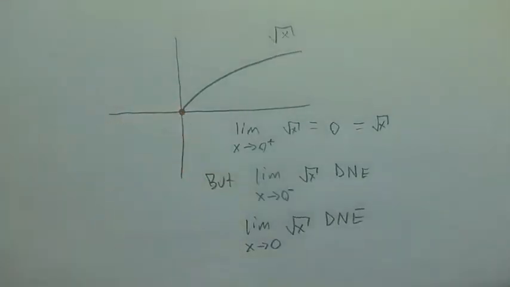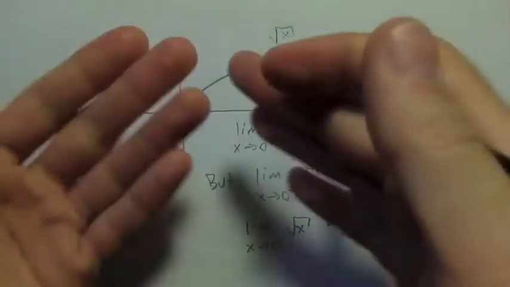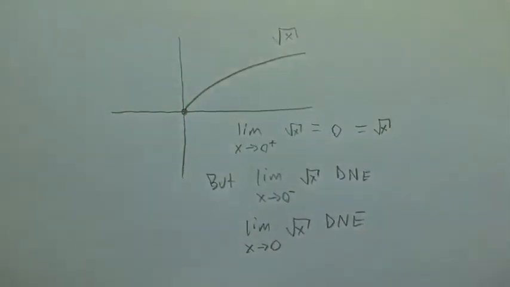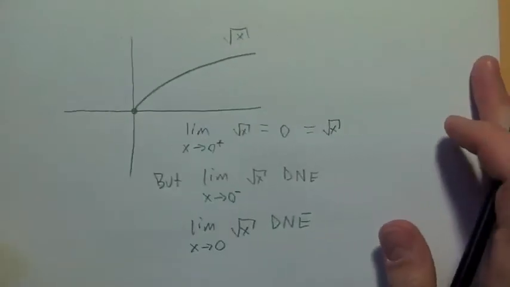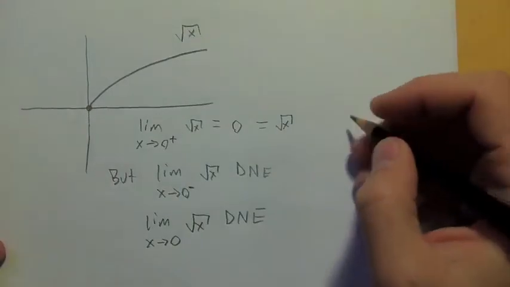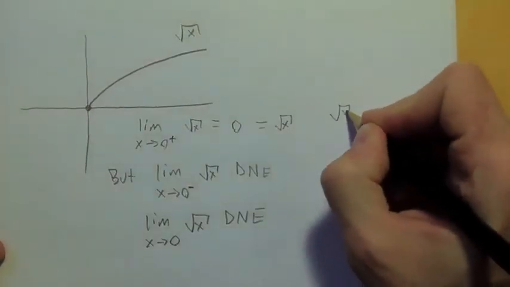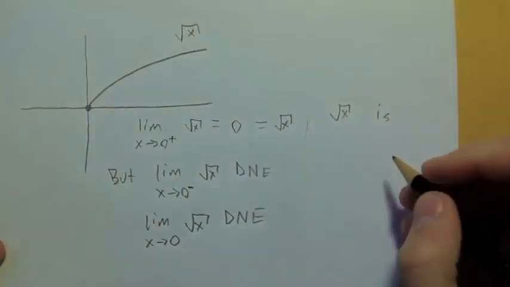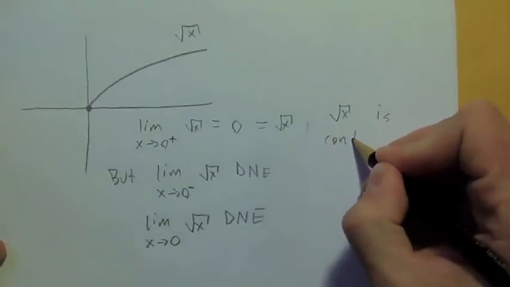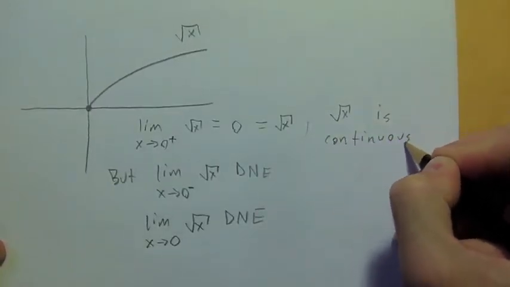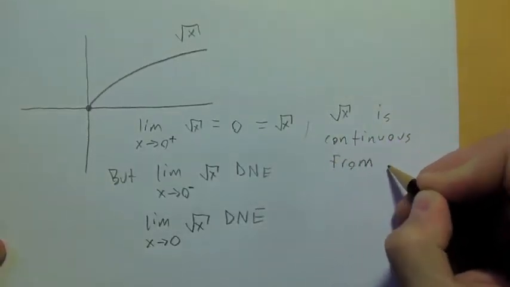That this is a function that is continuous on its entire domain, but if we're considering everything here, we can't really say it's continuous at 0 with this definition. So what we actually say is that the square root of x is continuous from the right.